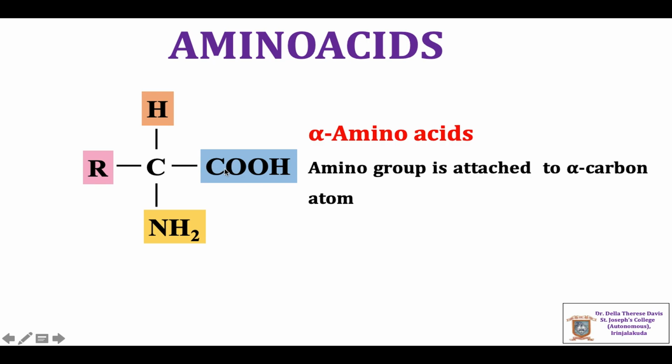The carbon next to the carboxylic acid group is called the alpha carbon. The amine group, NH2 group, is attached to the alpha carbon. An R group is attached to the carbon, also a hydrogen, and thus the 4 valencies of carbon are satisfied.